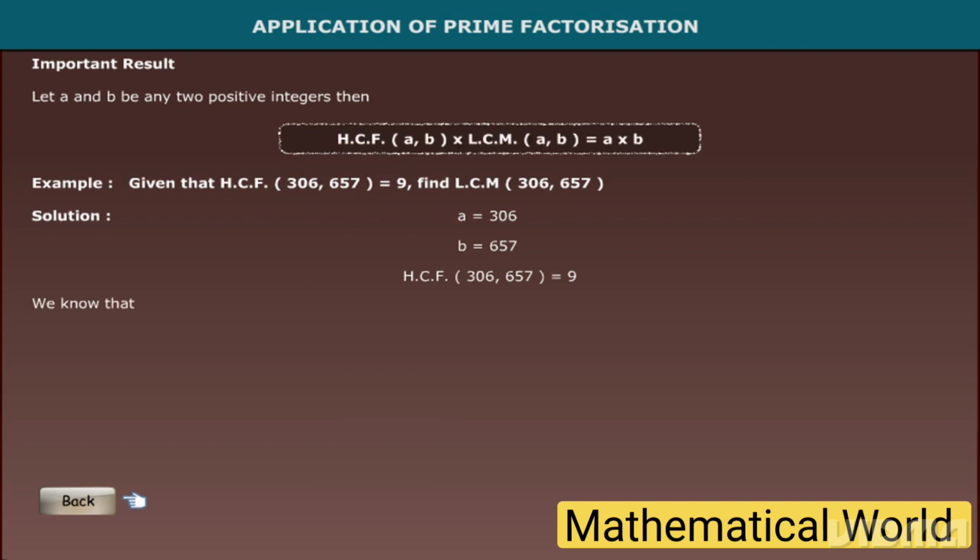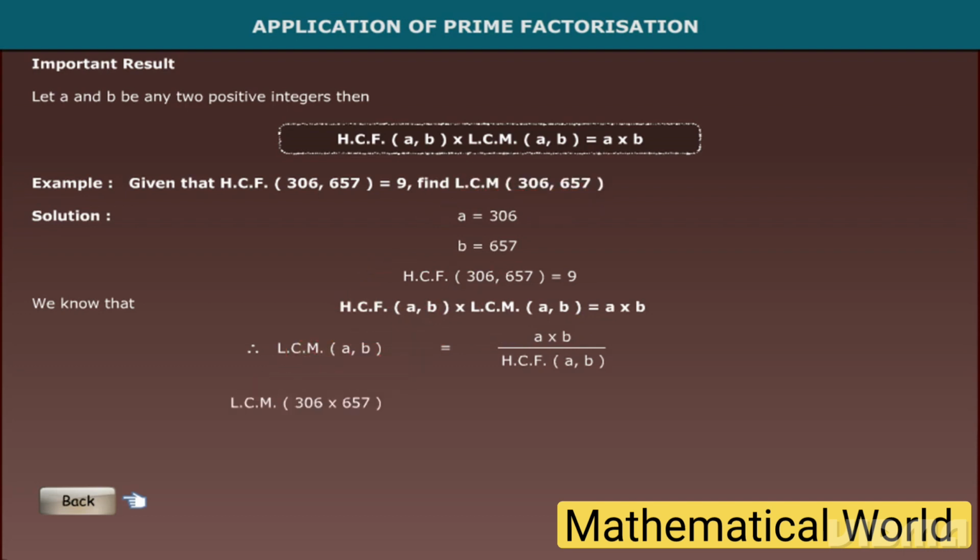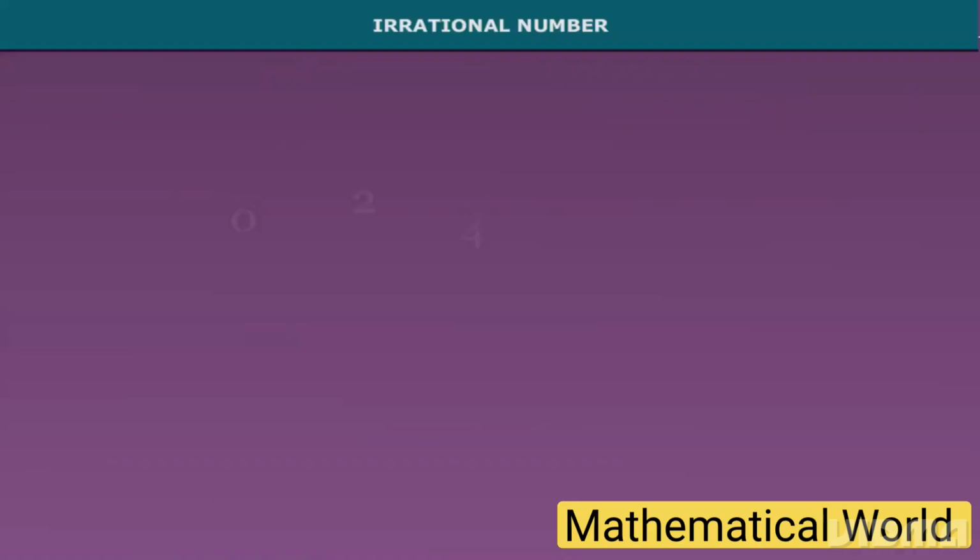We know that HCF of A, B into LCM of A, B is equal to A into B. Therefore, LCM of A, B is equal to A into B divided by HCF of A, B. The LCM of 306 and 657 is equal to 306 into 657 divided by HCF of 306 and 657, is equal to 306 into 657 by 9, is equal to 2,01,042 by 9, is equal to 22,338.